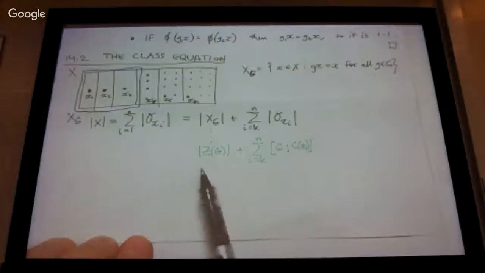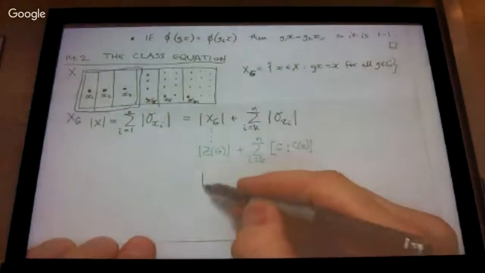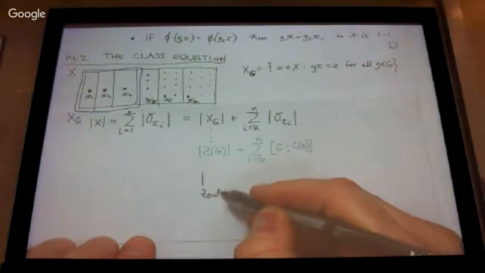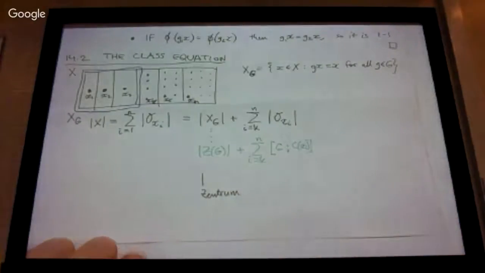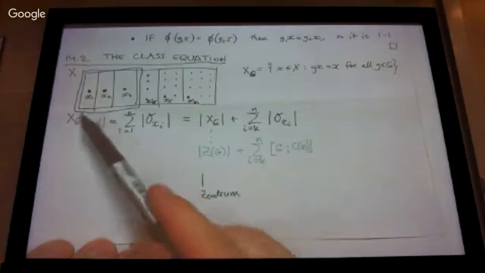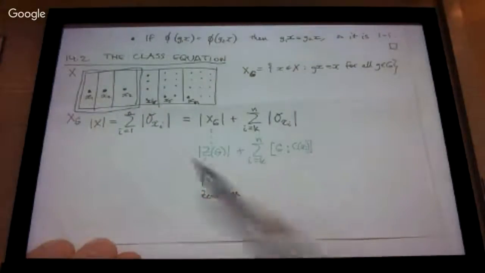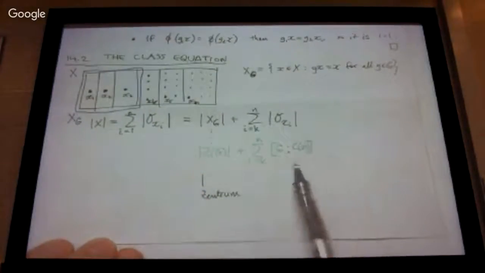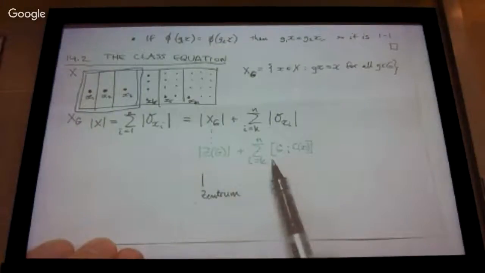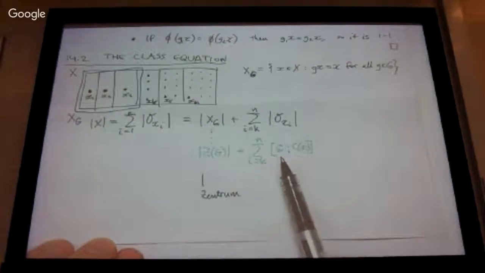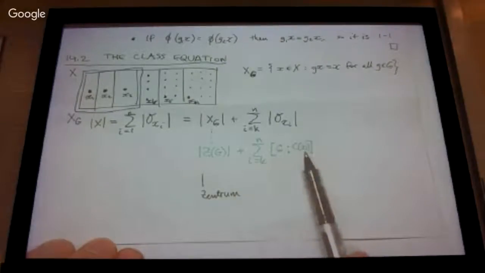Z for Zentrum, it's a German word. So that's all of them, and then you add the sizes of all the remaining orbits, and each of them has size that we proved is equal to the index of a certain subgroup, which is called the centralizer.